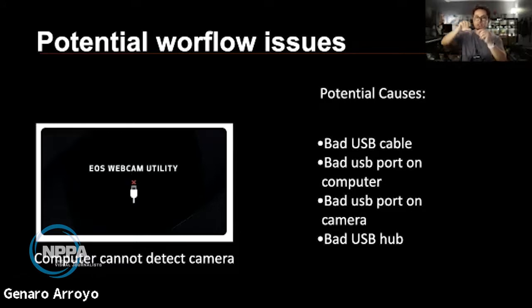You might have a multi-port USB hub to connect multiple devices to that one USB-C port. That hub might not be correctly powered, might not have enough energy or processing to get that video in from the camera. So what we like to recommend is go directly to a clean port straight to the computer if possible. That could be a reason why the computer is telling you, I don't see the camera, I'm not getting a signal, nothing is coming in.